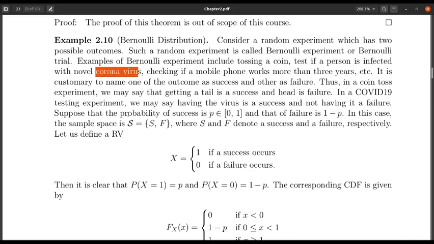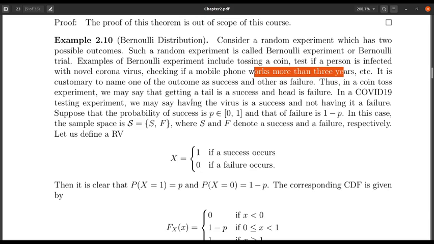If the person is not infected, we have a failure. We can talk about whether a mobile phone works more than 3 years or not, and also we have two outcomes: the mobile phone works more than 3 years or the mobile phone does not work more than 3 years.